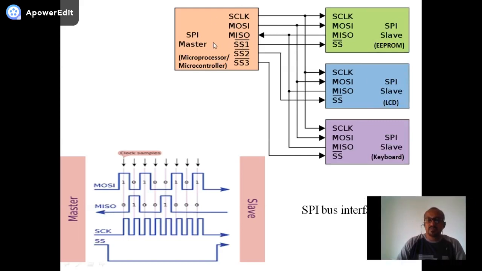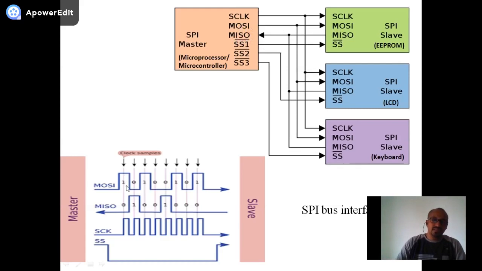is responsible for communication. The clock signal is supplied by the master to all the slaves, and then slave select 1, slave select 2, slave select 3, any one of the signals is made low, so that that particular slave gets selected. If suppose a PROM is selected, then based on whether it wants to read from it or write to it, it will send the signals through the MOSI or MISO pins.